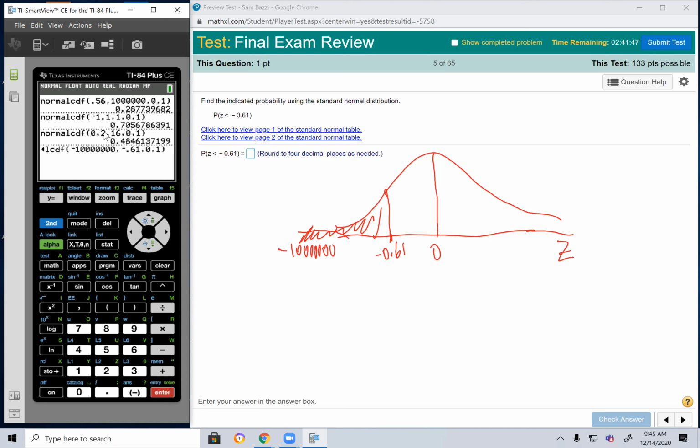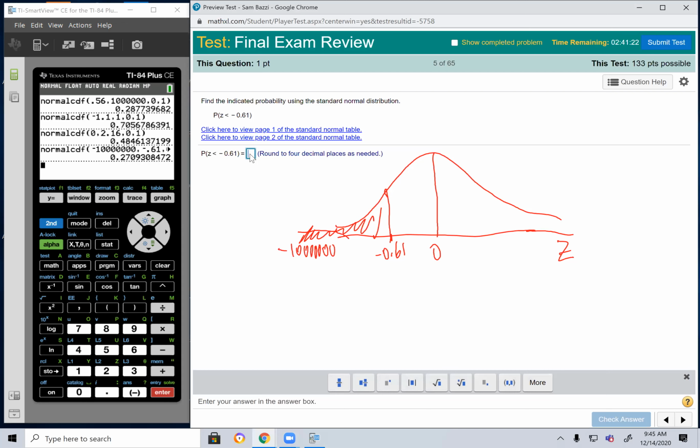Now, guys, if you don't see the window that I got previously, you're going to get normal CDF parentheses on your calculator. So you input the lower bound, you put a comma, you put the upper bound, you put a comma, you put 0, comma, 1, and then close it, and you should get the answer. And the answer here is 0.2709. So you just simply input this answer.